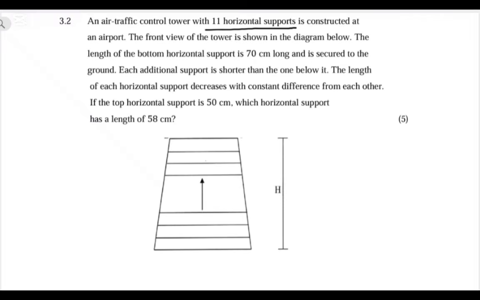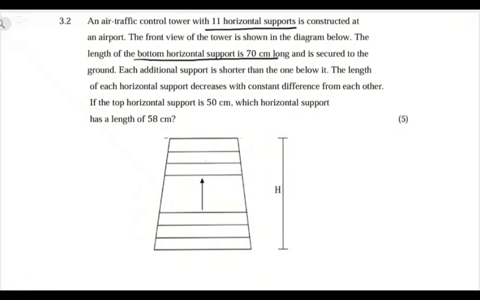They said the front view of the tower is shown in the diagram below. So this is the front view of that kind of tower. They said the length of the bottom horizontal support is 70 centimeters long and it is secured to the ground.